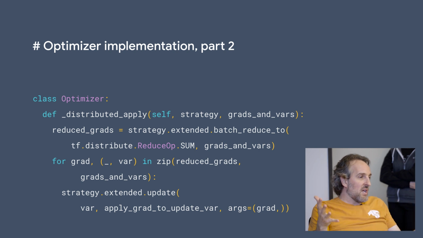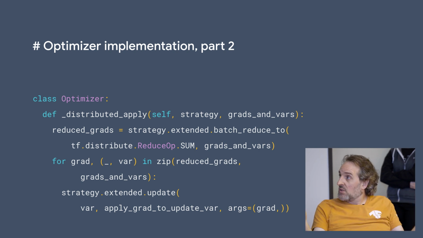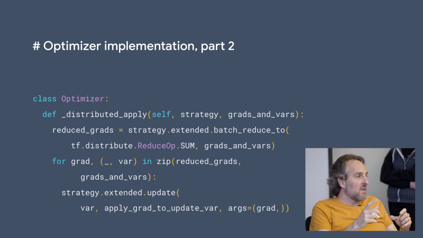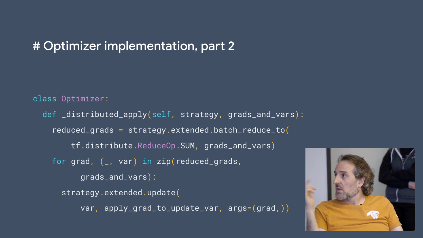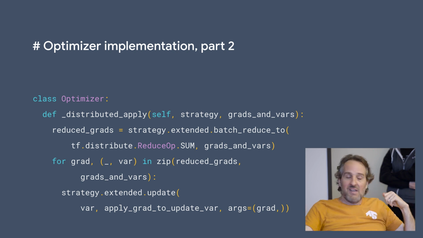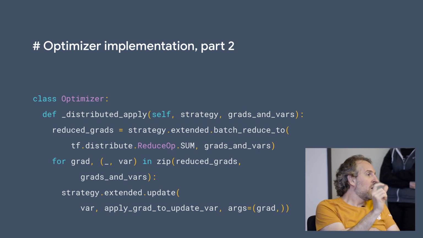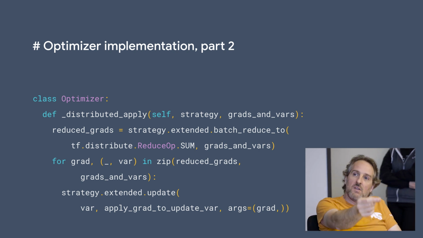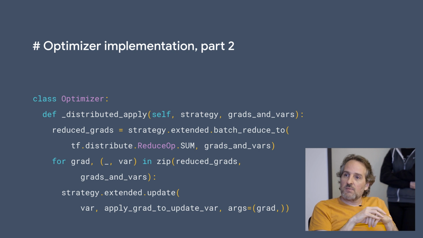So in the mirrored case, this is an all reduction, but in the parameter server case, each gradient might be going to a variable living on a different parameter server potentially. And so it takes the variable as the destination, so it can know where to put the aggregated gradient value.